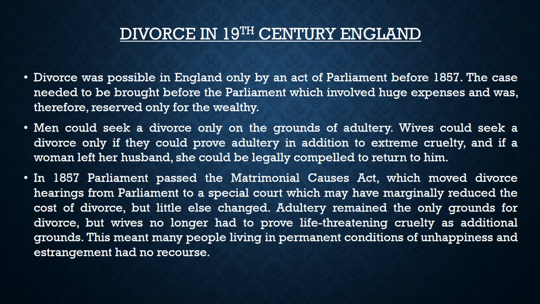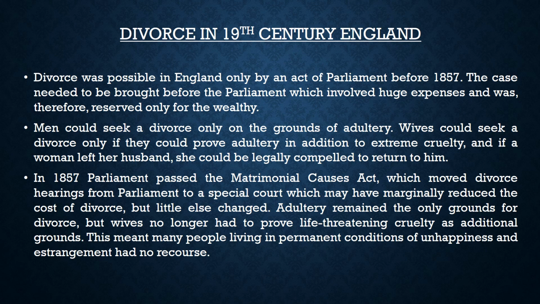As far as wives were concerned, they could also seek a divorce. They could get a divorce if they could prove that their husband was involved in adultery, in an illicit relationship with another woman, and along with that, that her husband had been cruel to her.